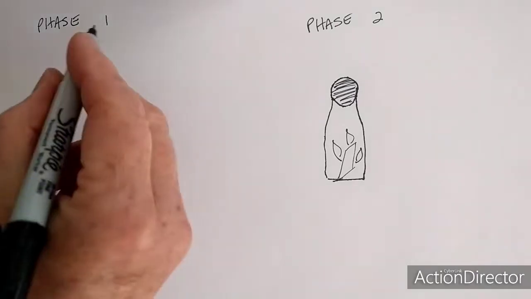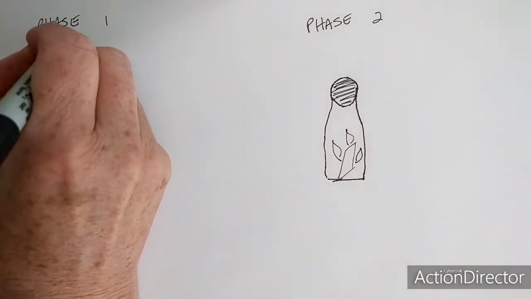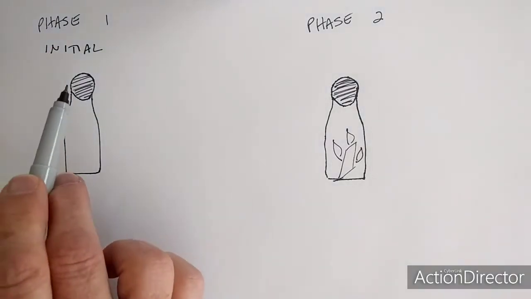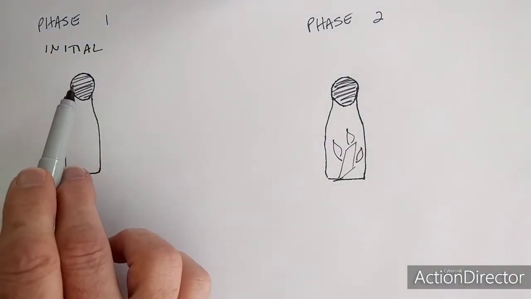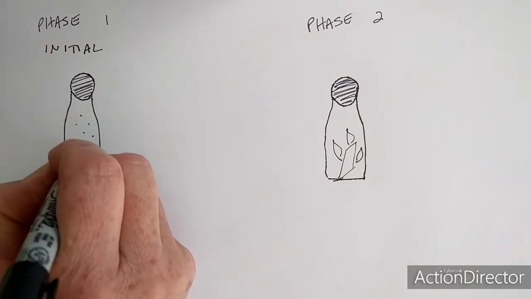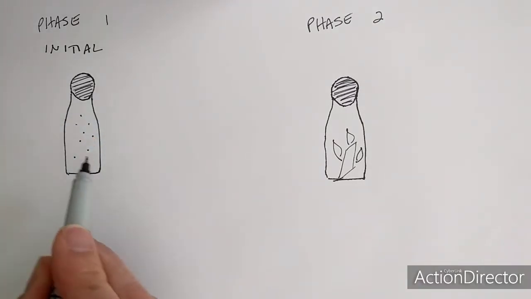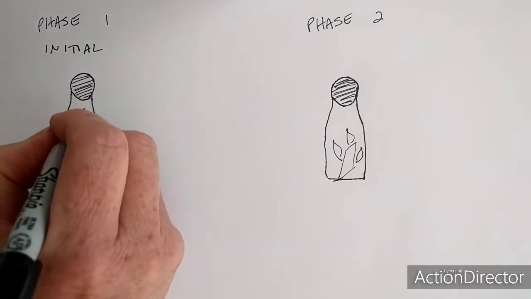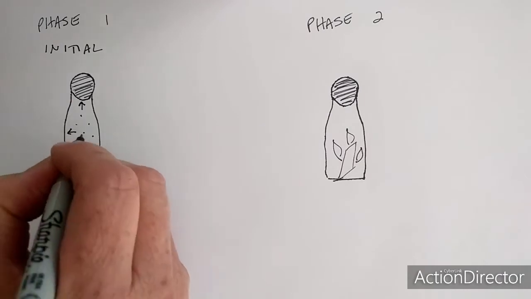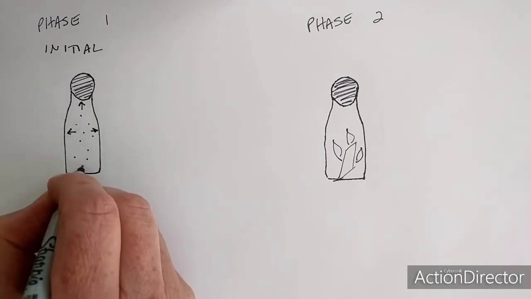Phase 1 is the initial setup. We have our egg on top of the bottle, and in the bottle we have air. Those air molecules are moving around and pushing up on the egg and against the sides of the jar.